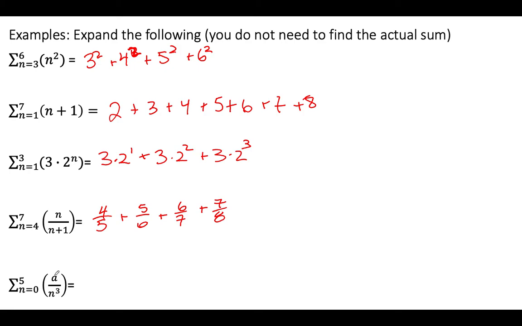Now, this last one, I changed the index here to n equals 0. So let's see what happens when we do that. So I get a over 0 cubed plus a over 1 cubed plus a over 2 cubed plus a over 3 cubed plus a over 4 cubed plus a over 5 cubed.